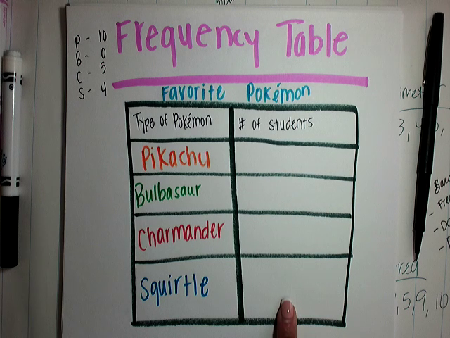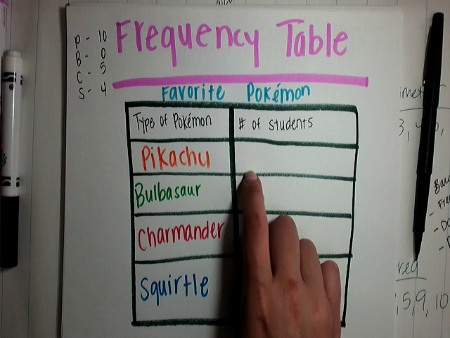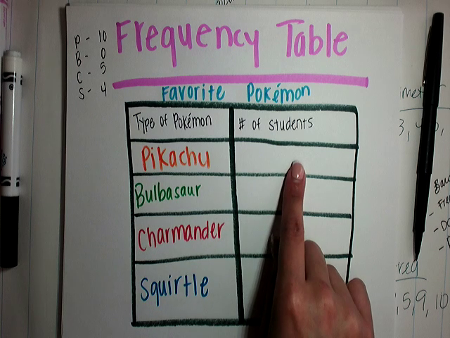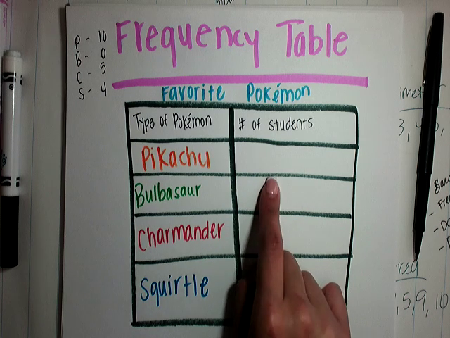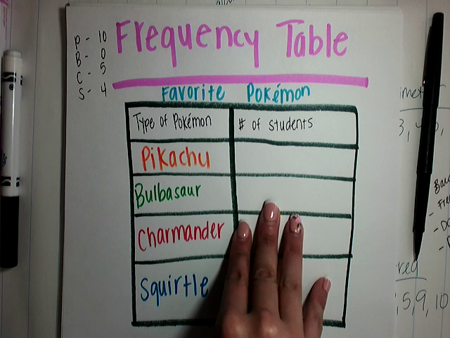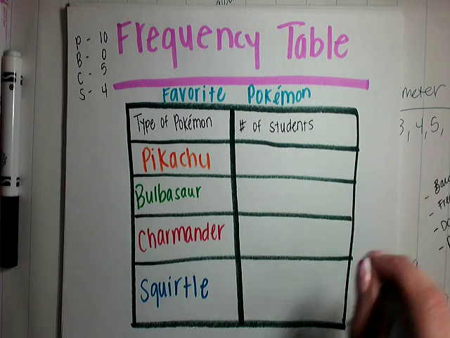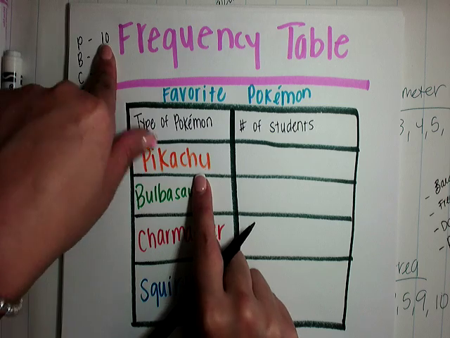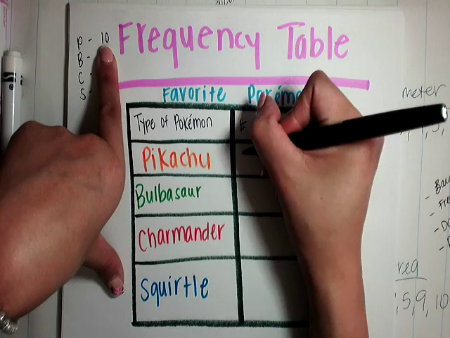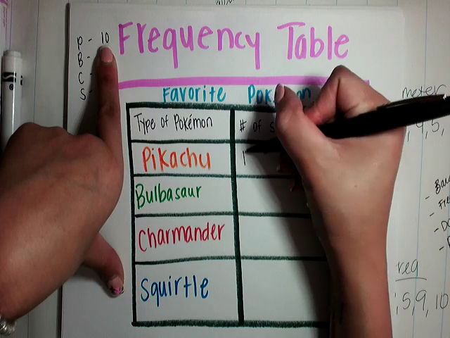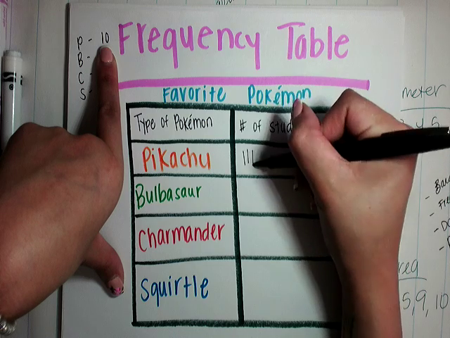So there are 2 ways that you could do it. You could put tally marks to represent the students, or you could just write the number. I want us to do tally marks because I want us to get into the habit of using tally marks. So for Pikachu, we had 10 students that picked Pikachu. So we're going to count 1, 2, 3, 4.